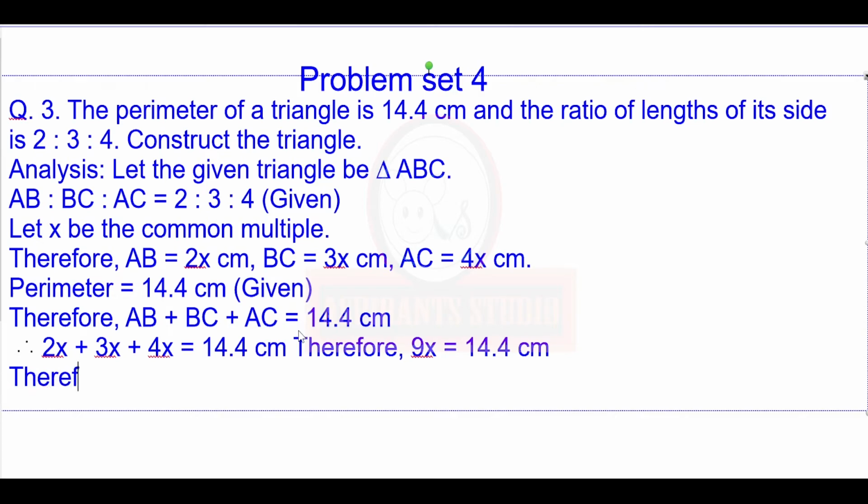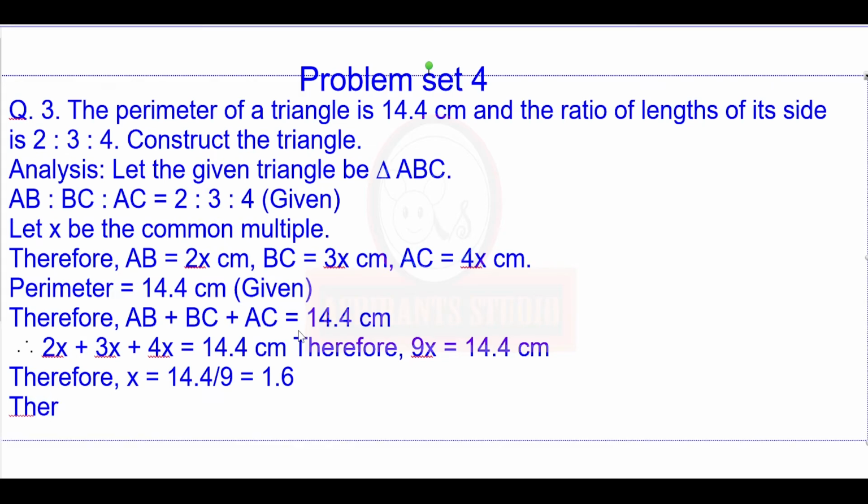So, when you bring 9 to the other side of the equal to sign, the operation multiplication becomes division. Therefore, x will be 14.4 divided by 9, that will be equal to 1.6. So, we are getting the value of x to be 1.6.